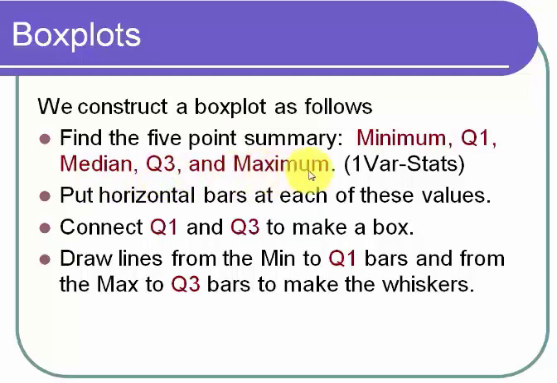You can get all these numbers with a calculator using the one-var stats that we saw before. And to create a box plot, we're going to put horizontal bars at each of these values. We're going to connect Q1 and Q3 to make a box. And we're going to draw lines from the minimum to Q1 bars and from the maximum to Q3 bars to make the whiskers. Pretty hard to read this and get the idea.